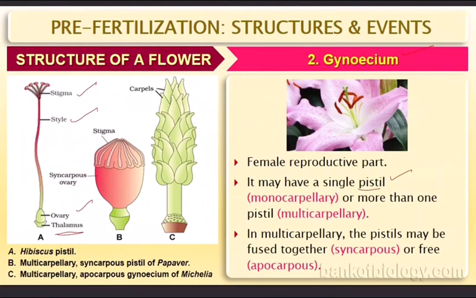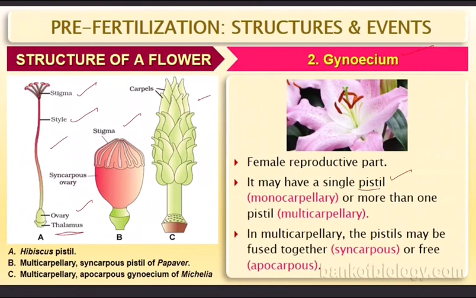If you have a hibiscus plant in your house, please check it today itself: remove the petals, sepals, and anthers, and you can see the structure with your own eyes. Then there is the multicarpellary syncarpous pistil in Papaver. Then multicarpellary, many carpels, apocarpous gynoecium, meaning separate carpels, as in Michelia.